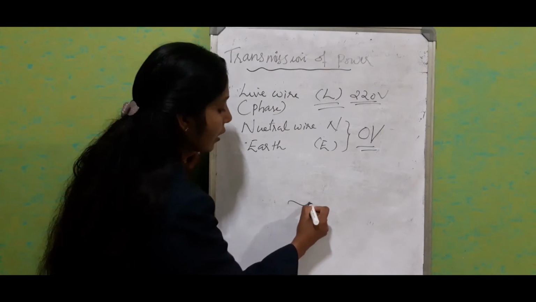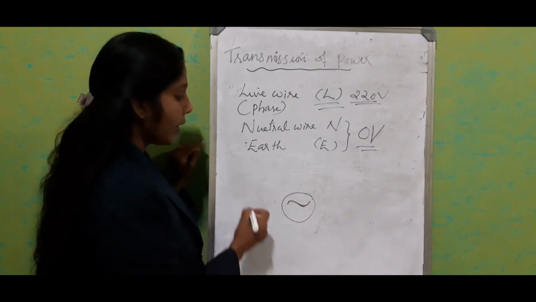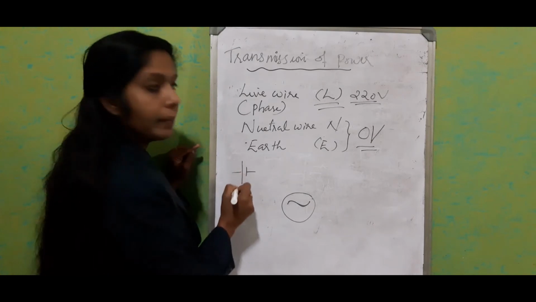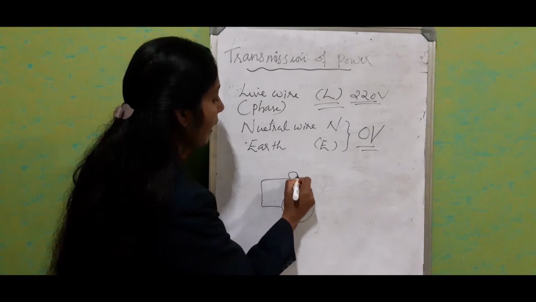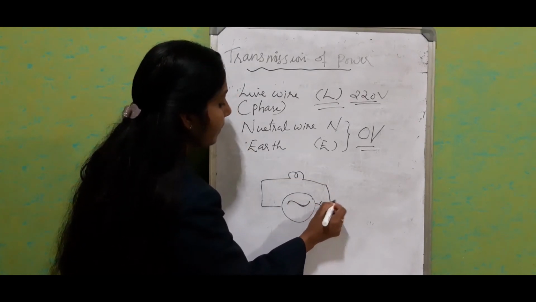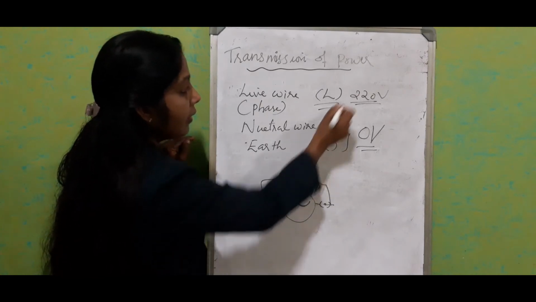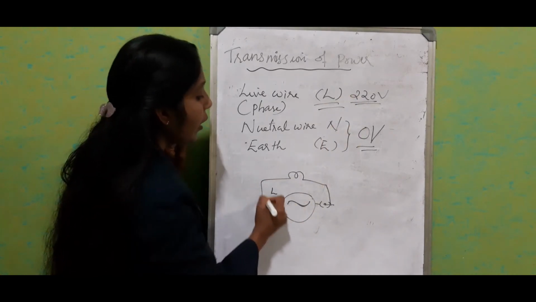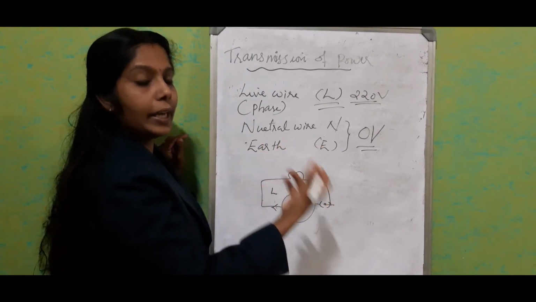We represent the AC power supply with this symbol, and DC with this symbol. If AC is connected to a bulb through a key or a switch, this 220 volt live connection is the way the current reaches the equipment.